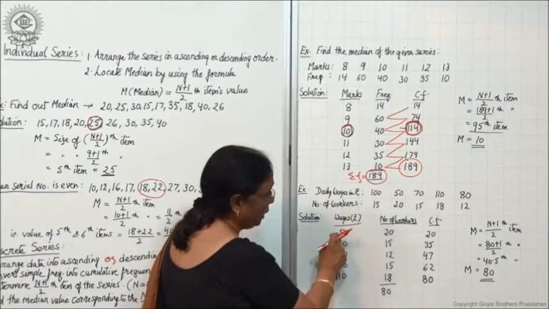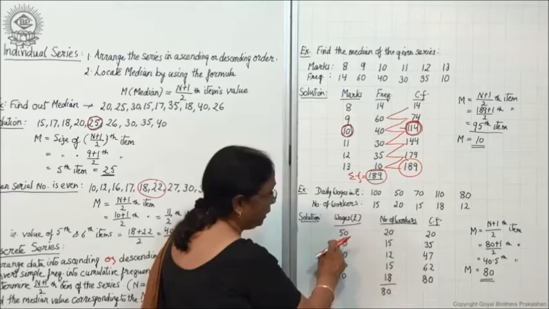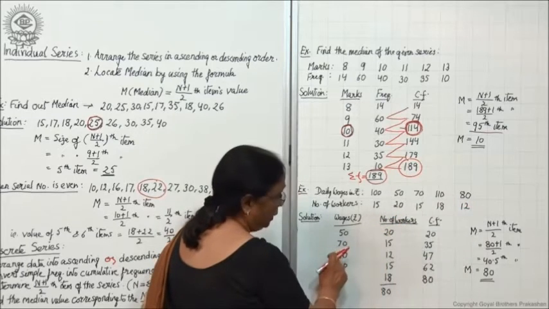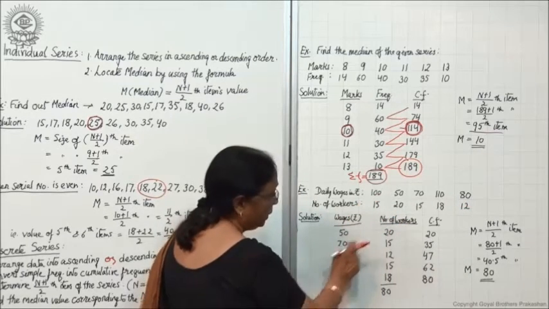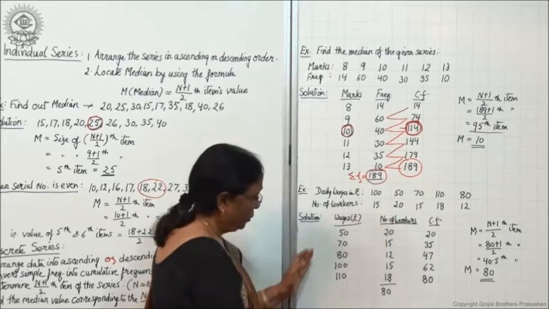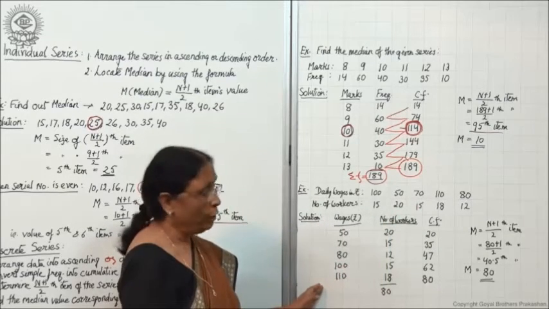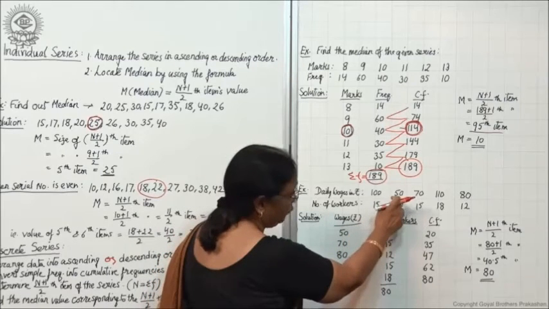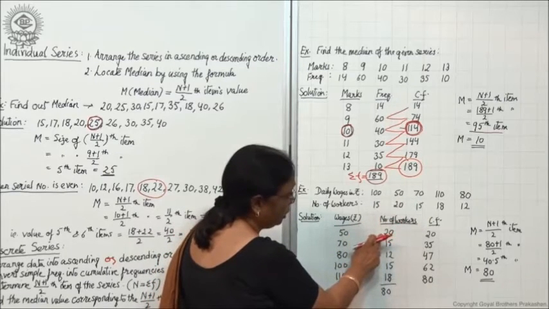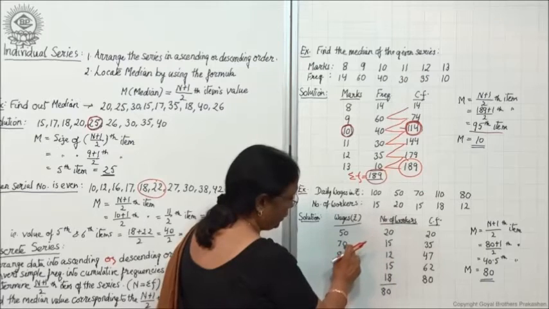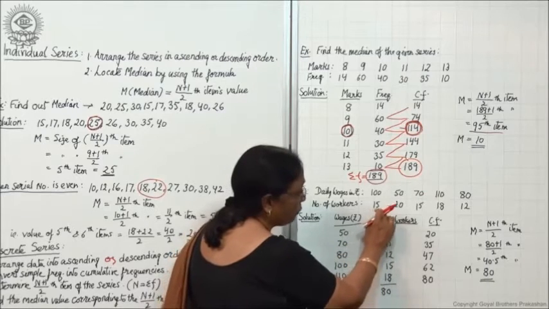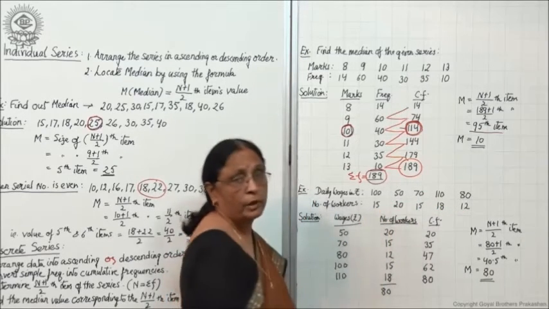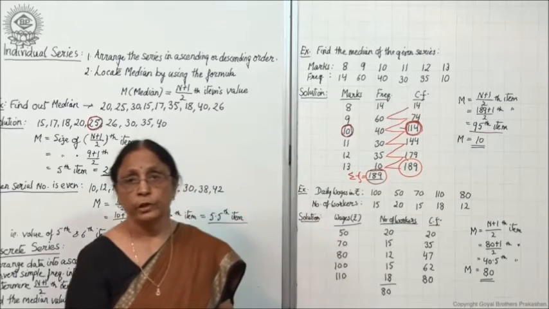Lowest one is 50, second is 70, then 80, then 100 and then 110. So arrange in ascending order, and the frequency in front of 50, the same you will write down here. Whatever is in front of 70 you will write down here. The frequency you will not arrange.